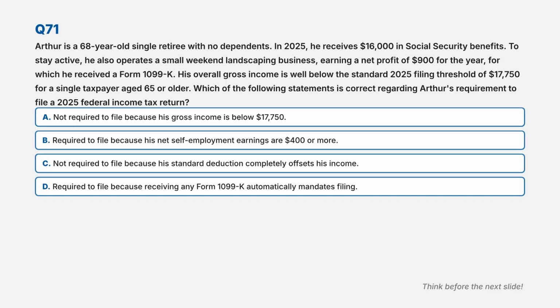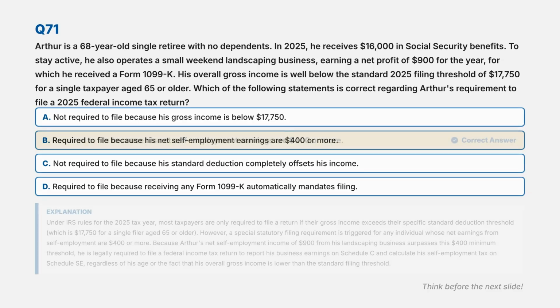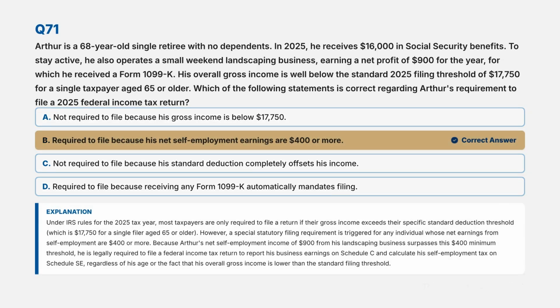C. Not required to file because his standard deduction completely offsets his income. D. Required to file because receiving any Form 1099-K automatically mandates filing. The correct answer is B. Required to file because his net self-employment earnings are $400 or more.